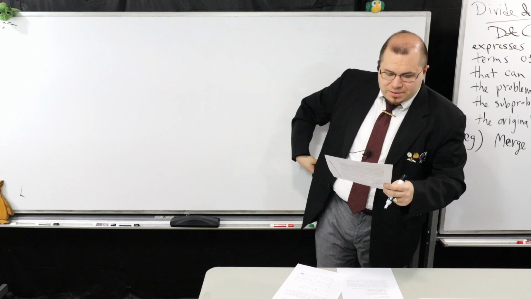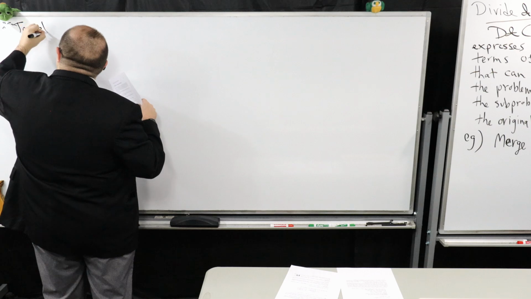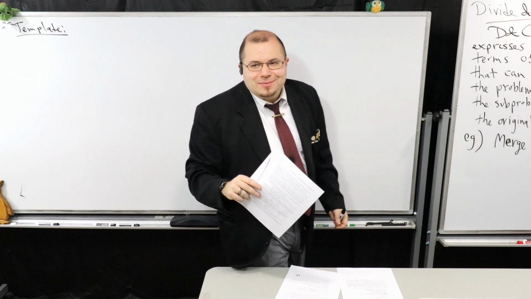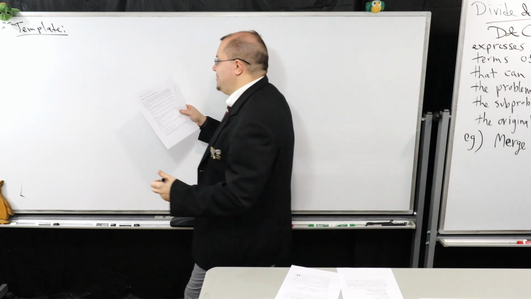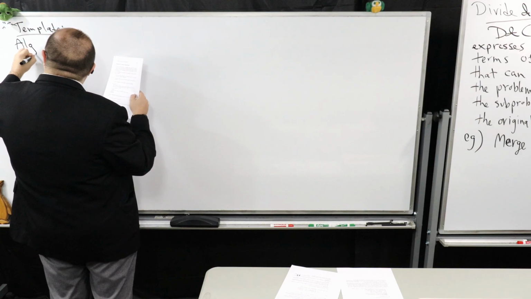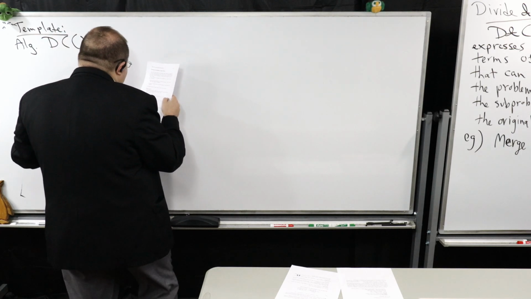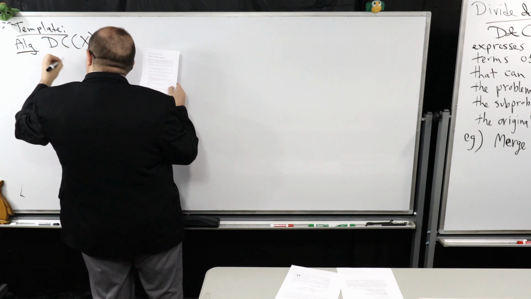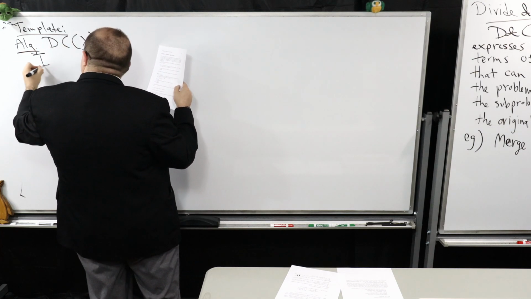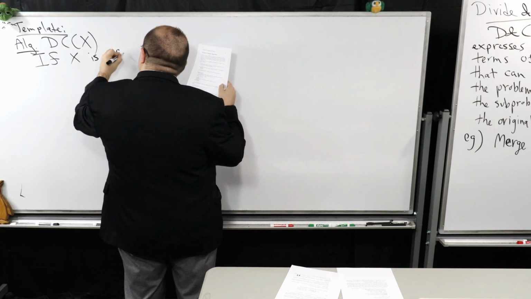Okay, so here's a template for a divide and conquer algorithm. If you were to try to fit an algorithm into this template, this is what we would typically call a divide and conquer algorithm. Suppose the algorithm is called DC, and it takes in instance X. I'm not going to worry about input, output. It's just going to be some template here.